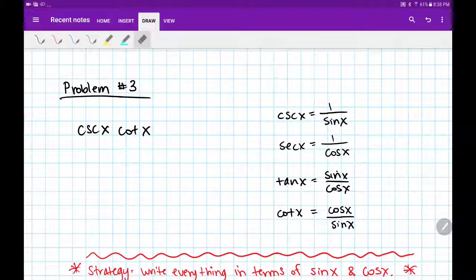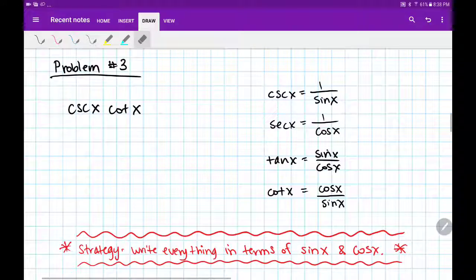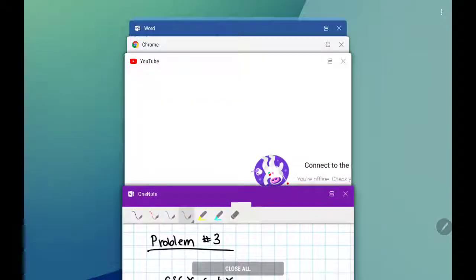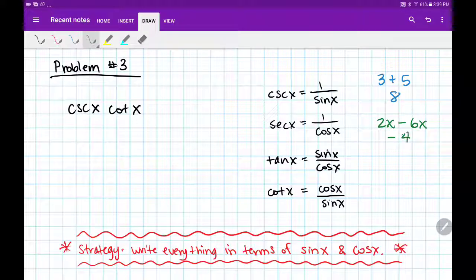Okay, so starting with problem number 3, our job is to simplify the trig identity. This is what it means to simplify. To simplify an arithmetic expression, it would look like this, 3 plus 5, and I would simplify it to just 8. To simplify an algebraic expression, 2x minus 6x, well, I would combine like terms, and that would simplify to negative 4x.